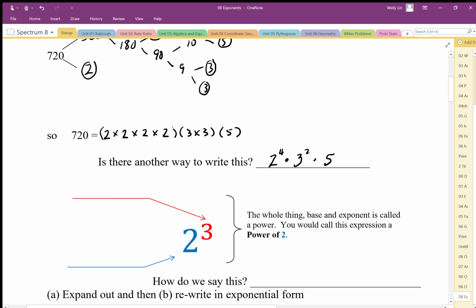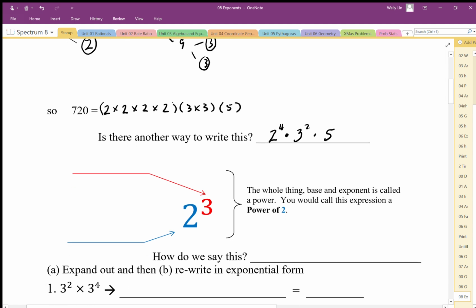Okay, so this is an exponential expression. An exponential expression basically has 2 parts. Okay, it has a base. The bottom is called the base, and this is our multiplier. So the base 2 here means we're multiplying by 2. And the top part is called the power or the exponent. So we can say this is 2 to the power 3, or we can say this is 2 exponent 3.